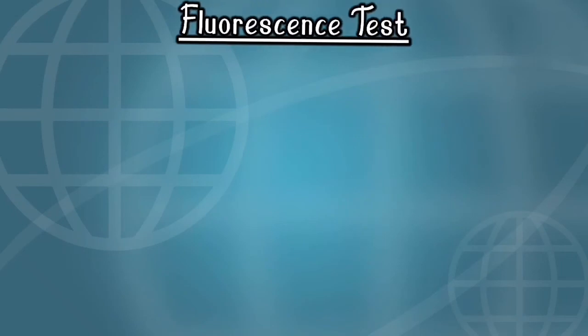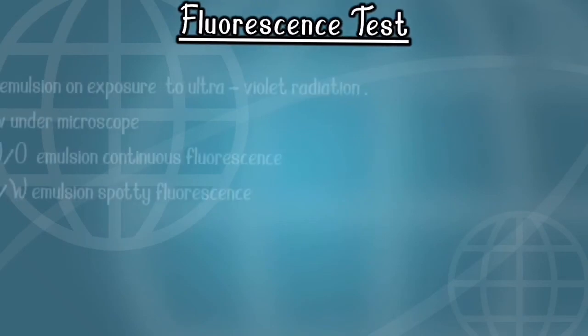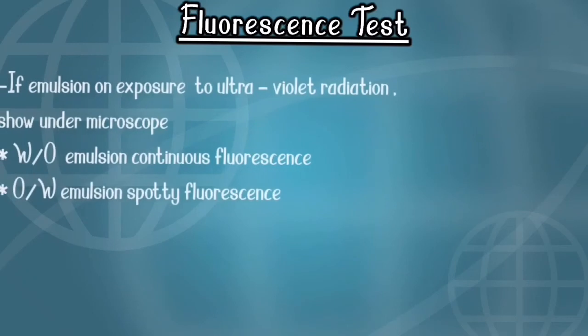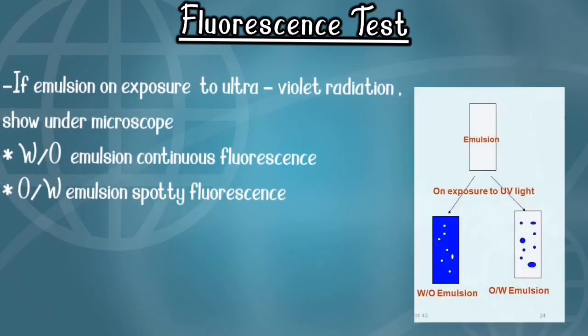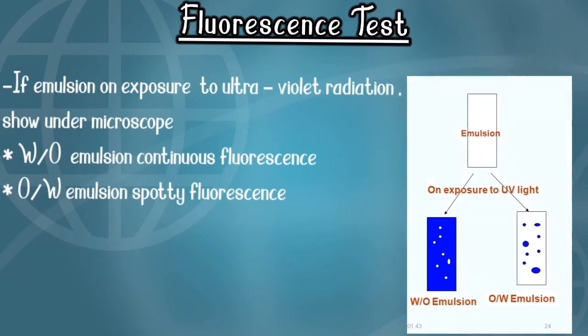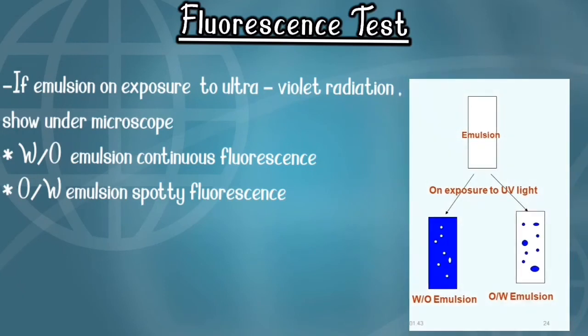Now we see about the fluorescent test. In the fluorescent test, we expose the emulsion to ultraviolet radiation. If the fluorescence appears continuous, then there is W/O type of emulsion. And if the fluorescence is spotty, then we call it O/W type of emulsion.